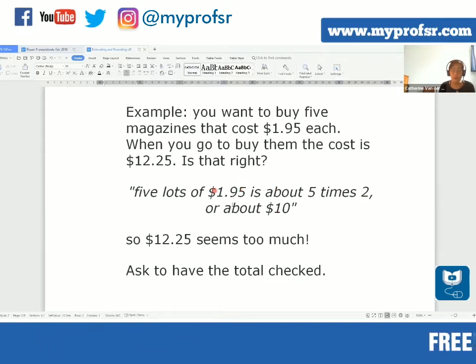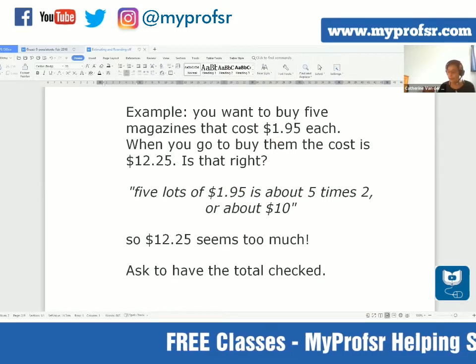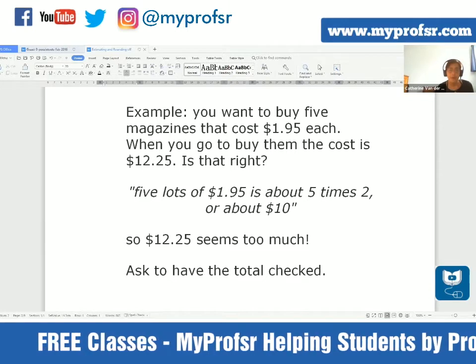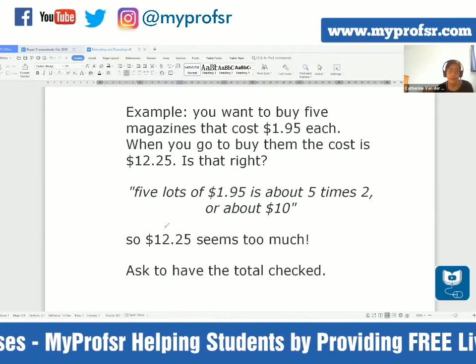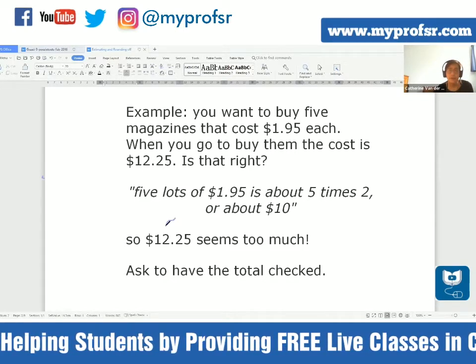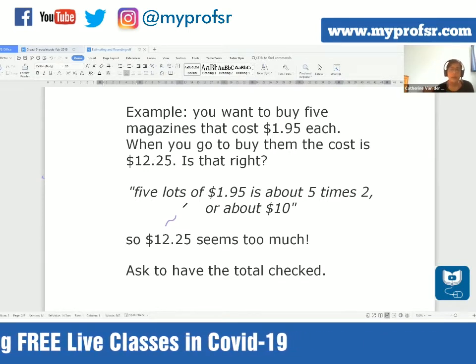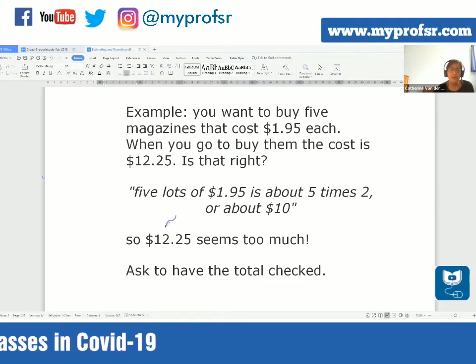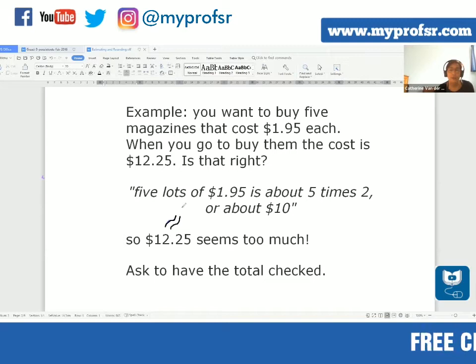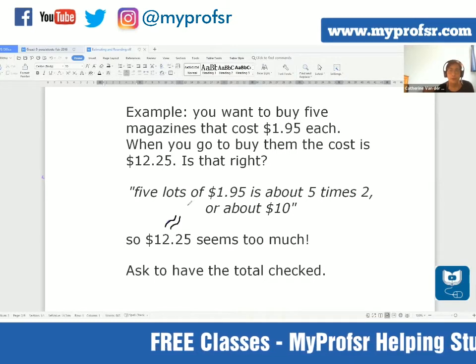So if you look at the $1.95, you can see that it is approximately, let's work in black, it is approximately two.